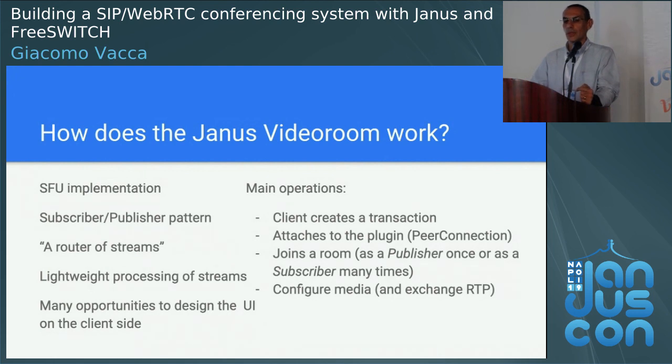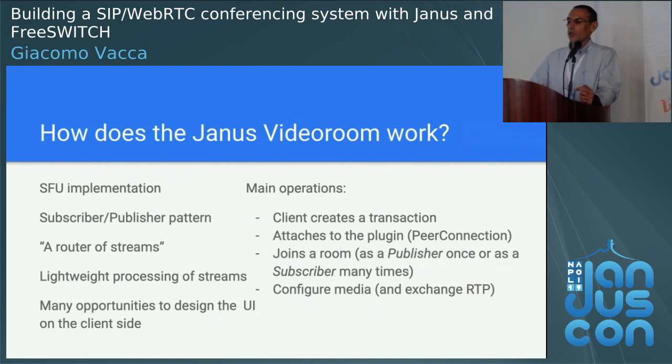One of these is the selective forwarding middlebox, or selective forwarding unit, and it's basically a lightweight router of streams, and it works as a publisher-subscriber pattern. Each component can be a publisher of a feed and a subscriber of one or more feeds, but it can also be only a subscriber, or subscribe to only one or two, and these can be combined in a flexible way.